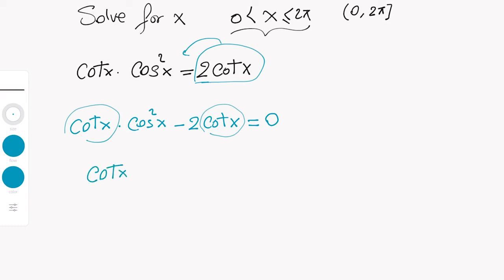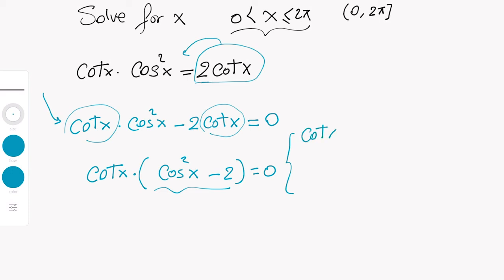Factoring cotangent of x, I get cosine square of x minus 2 equal to 0. So factoring is one of the techniques in solving this type of equation. So we have cotangent of x multiplied by this parenthesis equal to 0. That means cotangent of x should be 0, or cosine square of x minus 2 equal to 0. We have to solve both of them.